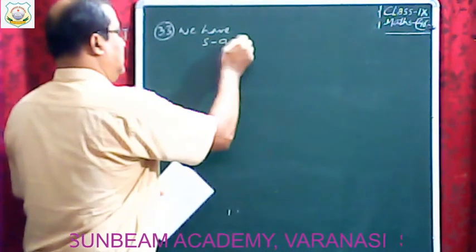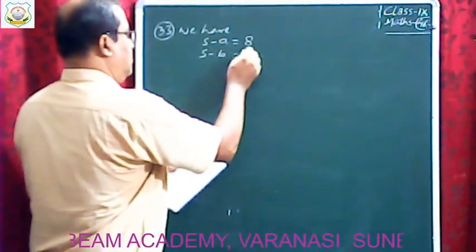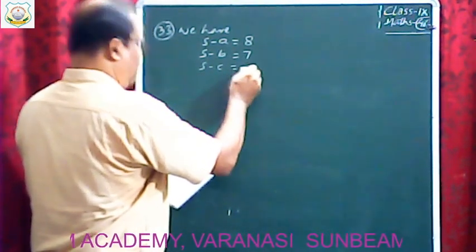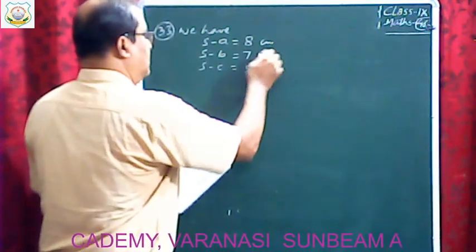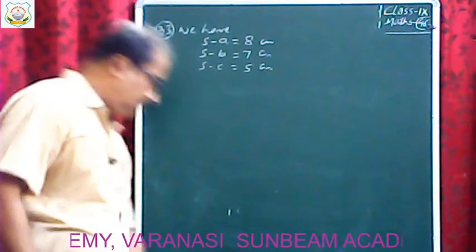We have S minus A equal to 8, S minus B equal to 7, S minus C equal to 5 centimeter. Okay, we have to find the area of the triangle.